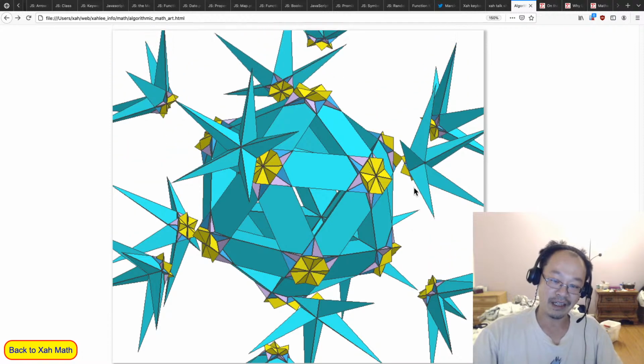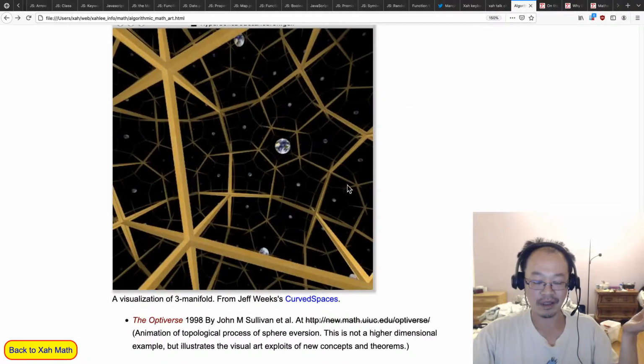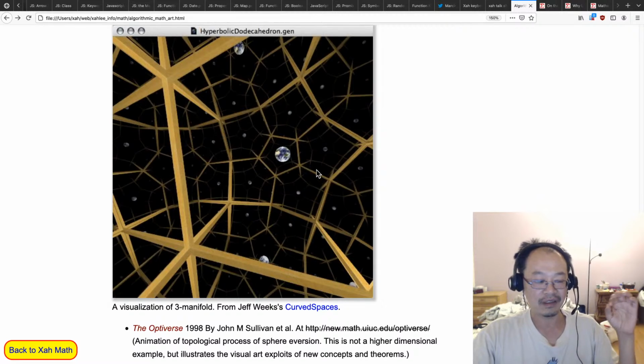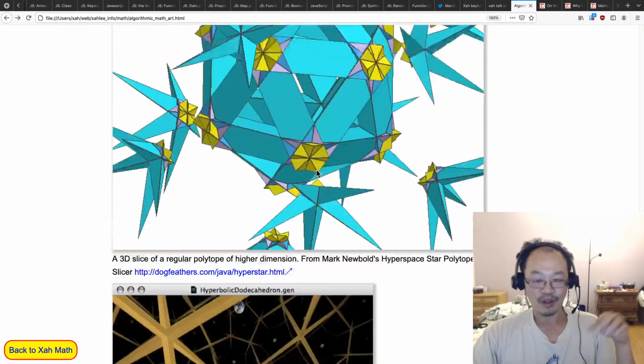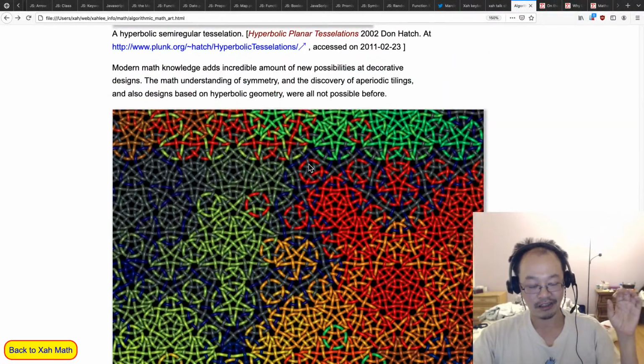So then you have four-dimensional things, like this one, and five-dimensional, and different shapes, different space topologies. All these images, basically all images on my page, are mathematical artwork.